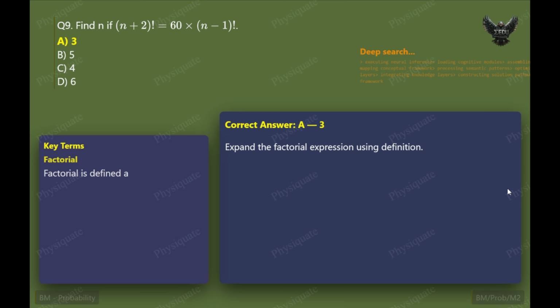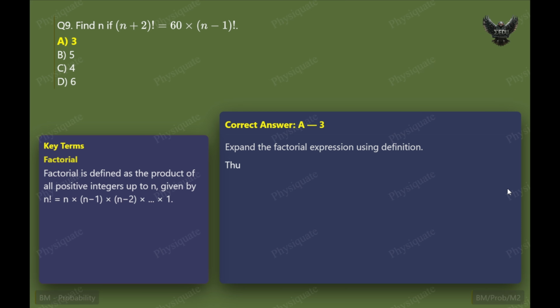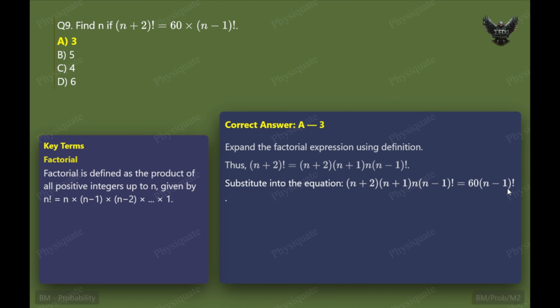Factorial is defined as the product of all positive integers up to n, given by n! equals n times (n-1)!. Thus, (n+2)! equals (n+2)(n+1)(n)(n-1)!. Substitute into the equation: (n+2)(n+1)n(n-1)! equals 60(n-1)!.